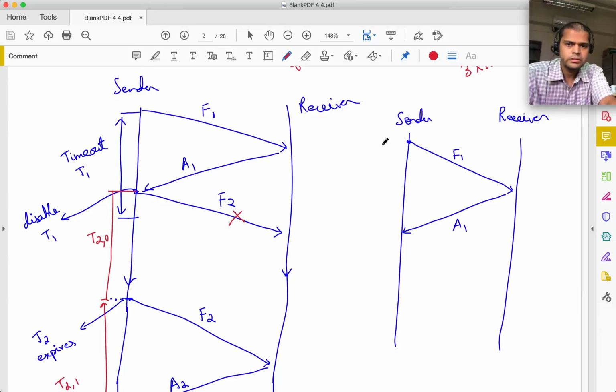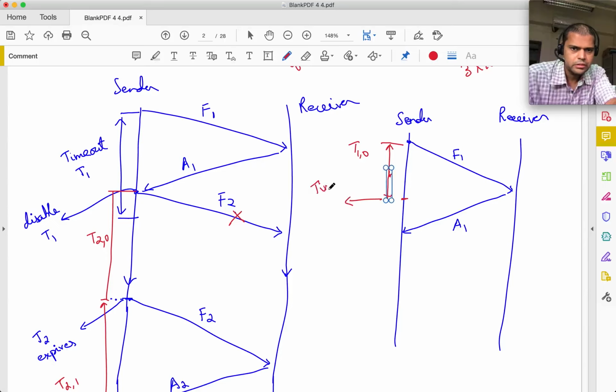So he sets the timer, let's call it T10, to be very small. Okay, let's just extend it a little bit. So here the timer expires. And now the sender is going to retransmit.